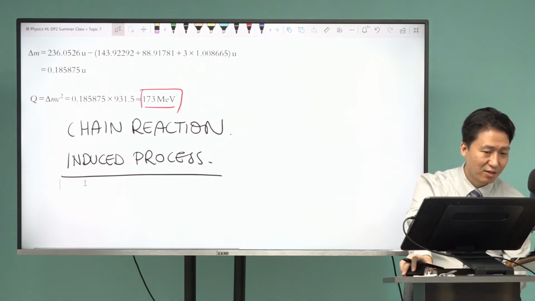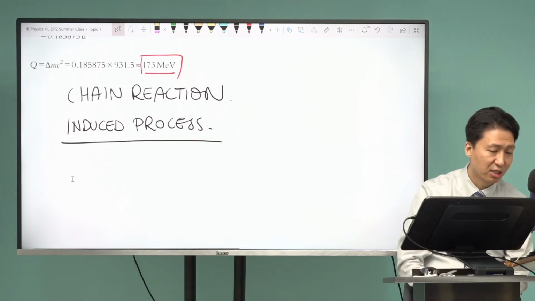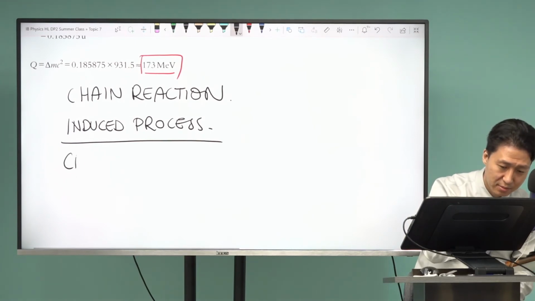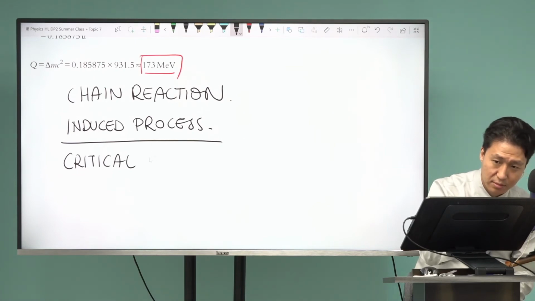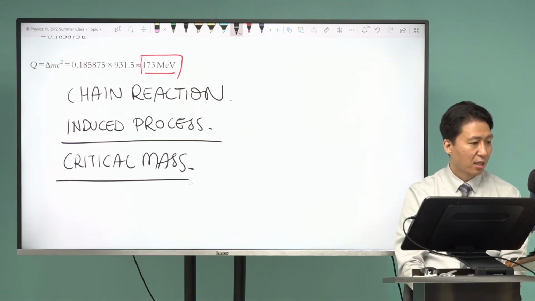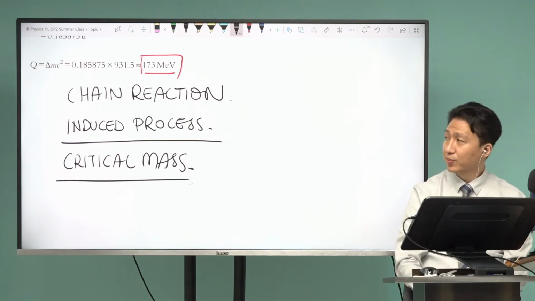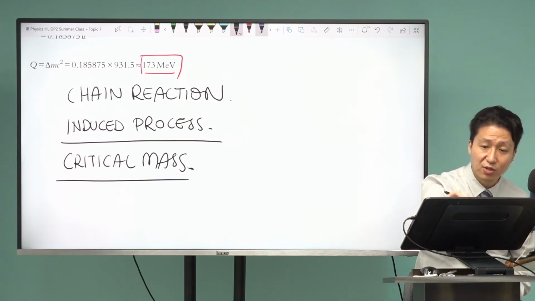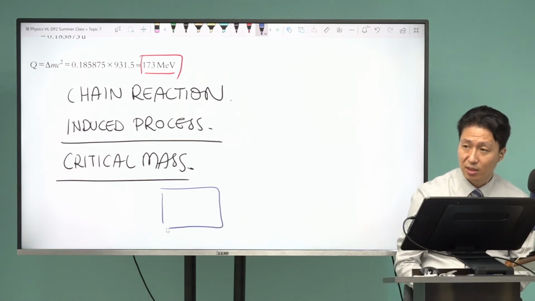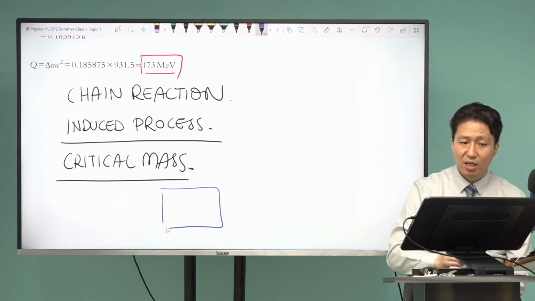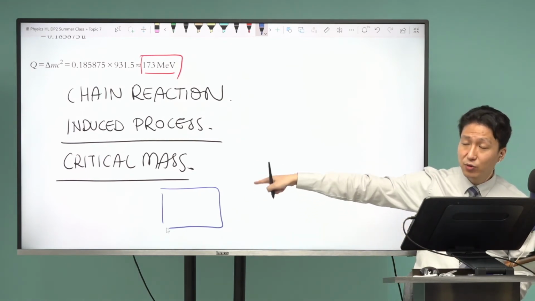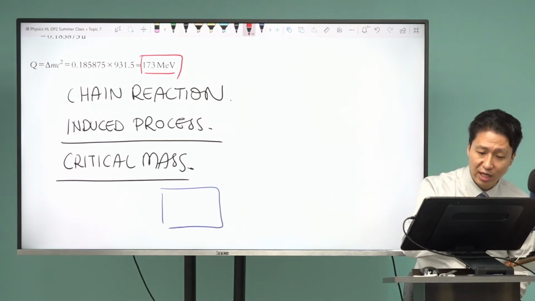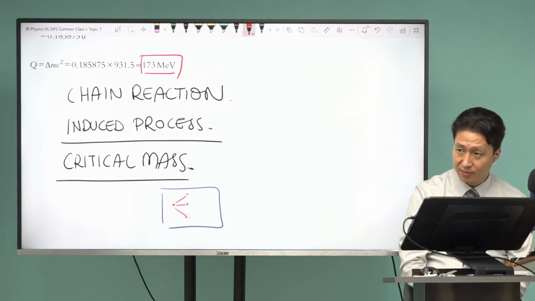The last vocabulary word you need to know here is something called critical mass. And what is critical mass? Well, if you have a sample of this uranium, right, it has a certain number of atoms. If you shoot it with one neutron, it will start one reaction, right, if it's absorbed, and it will release 3 neutrons, right?